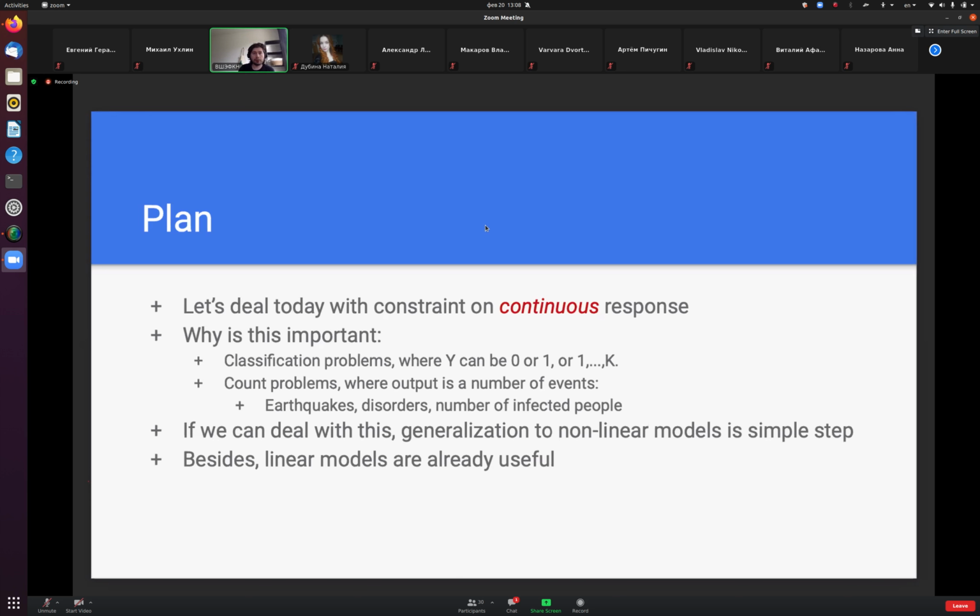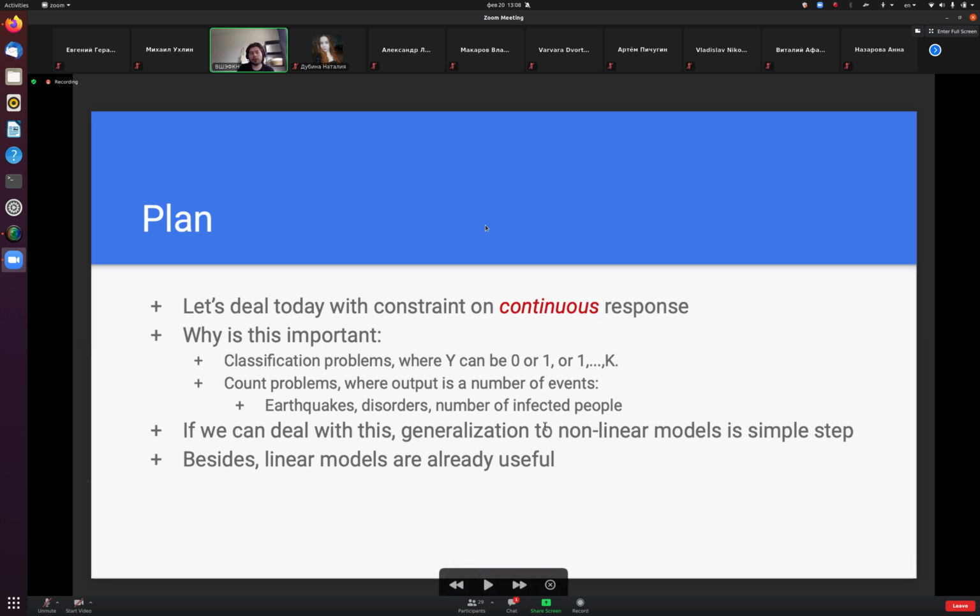It could be earthquakes, it could be defects in some factory manufacturing, it could be a number of infected people. So the main restriction in all these cases is that we need to tell our model that our output is a positive, and only integer, number.